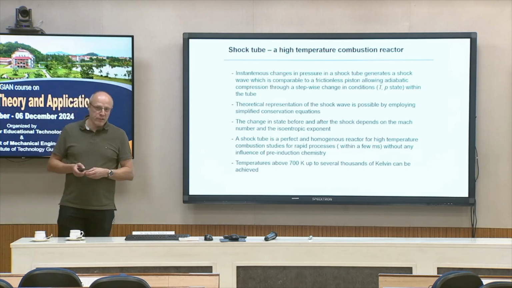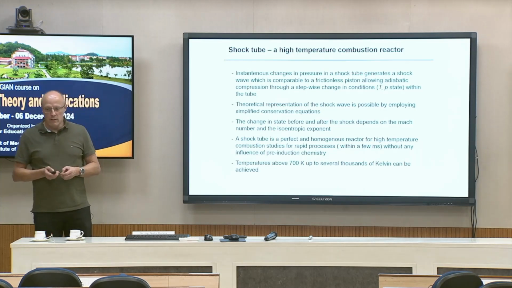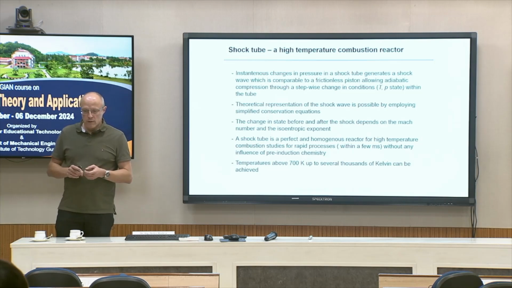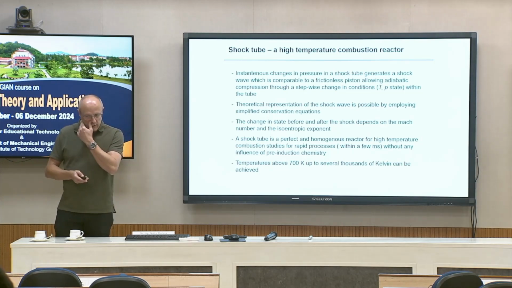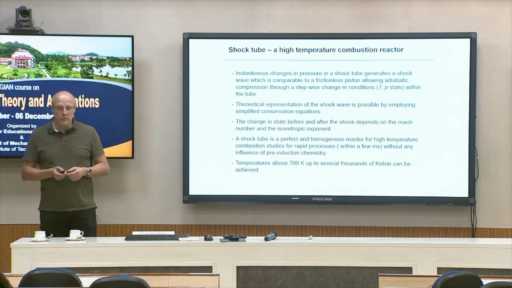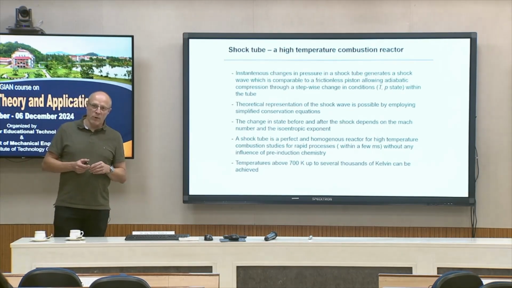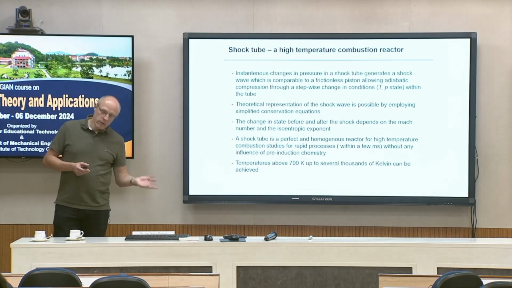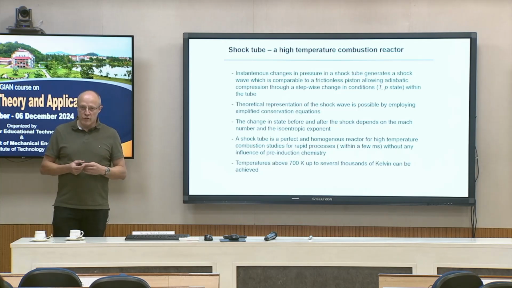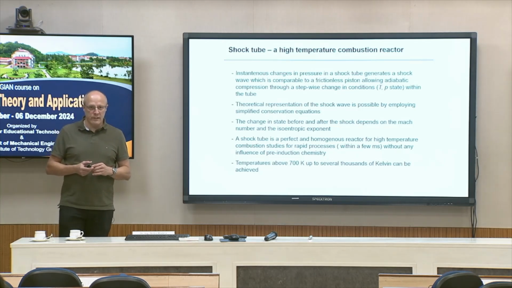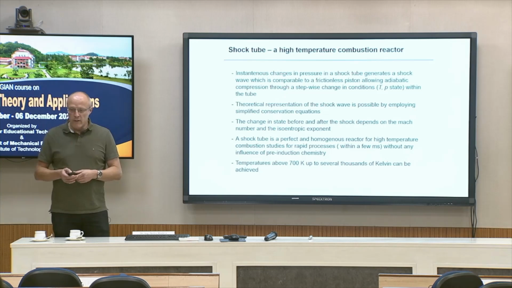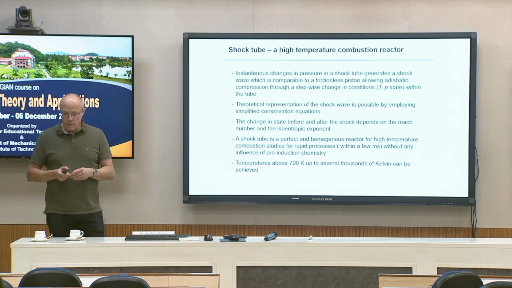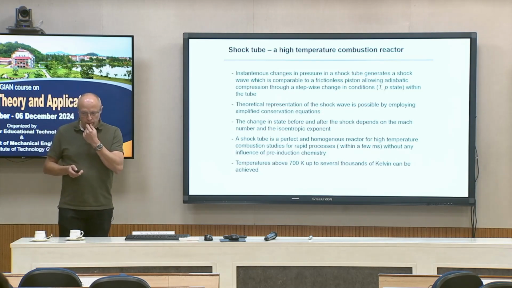The advantages: it's quite simple to employ conservation equations here to describe the state before, this we know, and after the shock, which we are interested in. And it's very, very high accuracy.